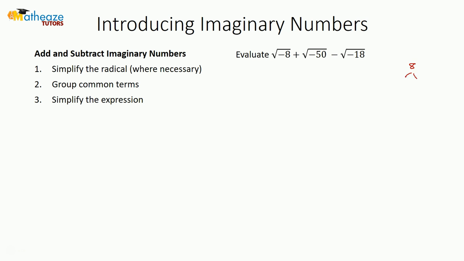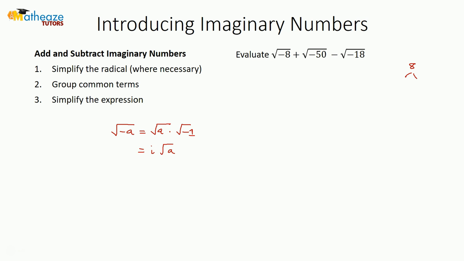Just remember that when you have any negative number, so let's call it -a, this is going to give us the square root of a multiplied by the square root of -1. So we're always going to end up with i square root of a, whatever that ends up being.